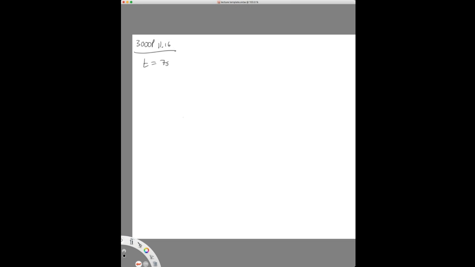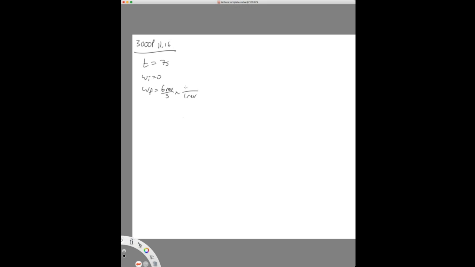A car accelerates uniformly from rest to such a speed that its wheels are turning at a rate of 6 revolutions per second. So it says from rest, and that means omega initial equals 0, to such a speed that its wheels are turning at a rate of 6 revolutions per second. So that means omega final equals 6 revolutions per second.